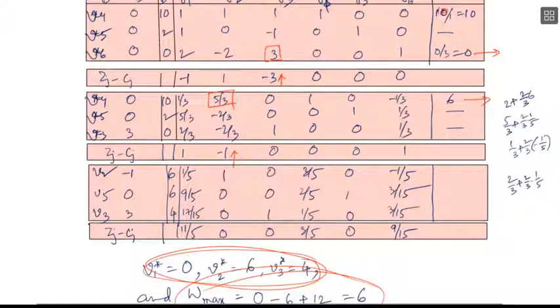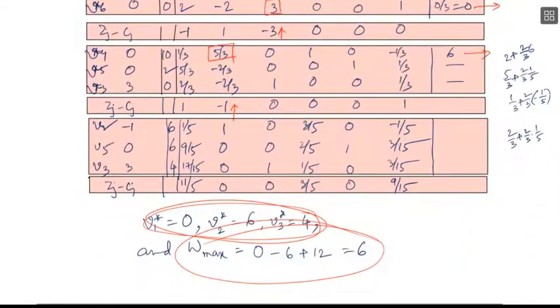In the Y5 column, Zj minus Cj value is 0, and in the Y6 column, I think there is also a mistake. 9/15 plus 1/5, it is 4/5. That is, these three values 3/5, 0 and 4/5 correspond to the decision variables in the primal problem.